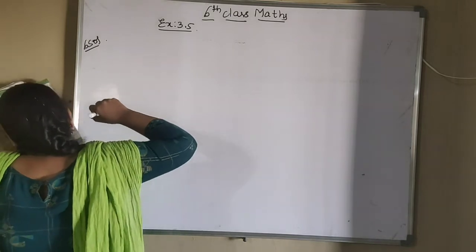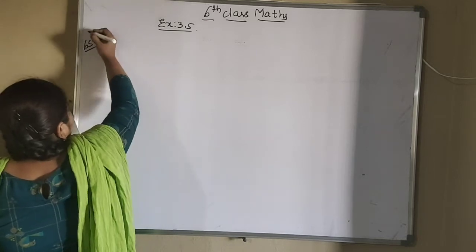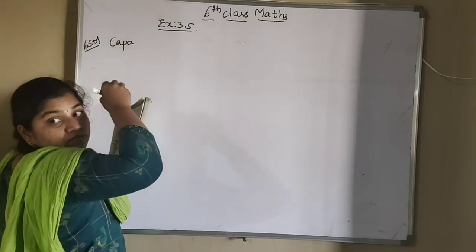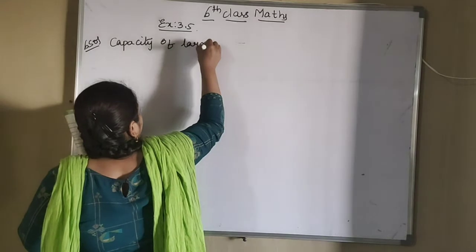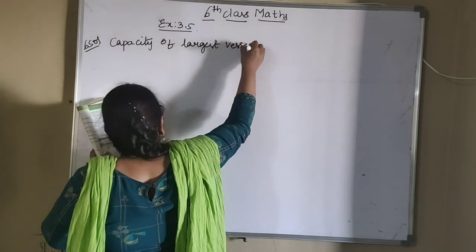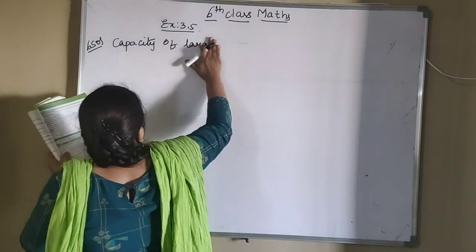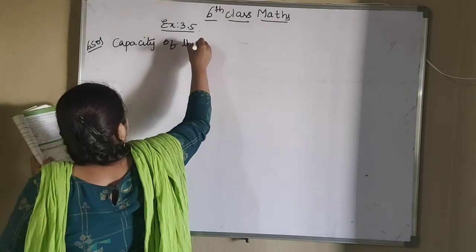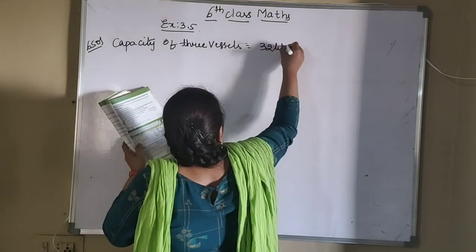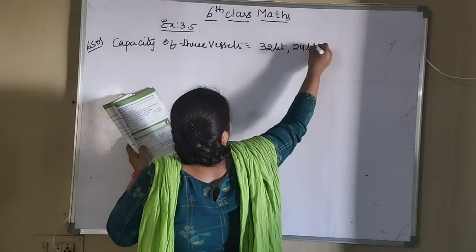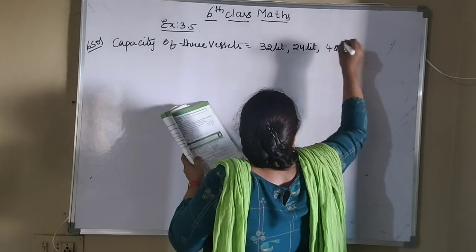So what is here? The capacity of the largest vessel. The capacity of the 3 vessels we will write, is how much? 32 liters, 24 liters and 48 liters.